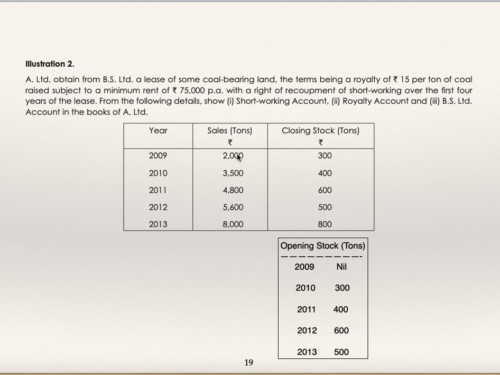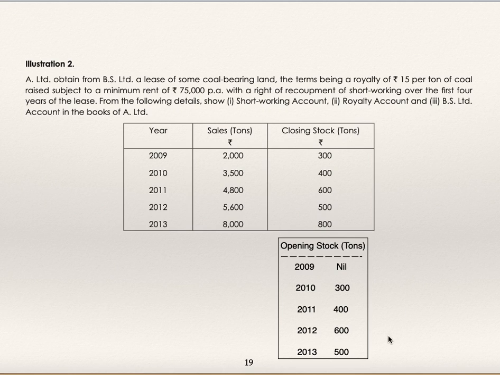So from this given information, first you are supposed to find out output, production, and for that you need one more column, opening stock. 2009 opening stock we will assume nil, and whatever is the closing stock of 2009 will be the opening stock of 2010. Closing stock of 2010 will be the opening stock of 2011.